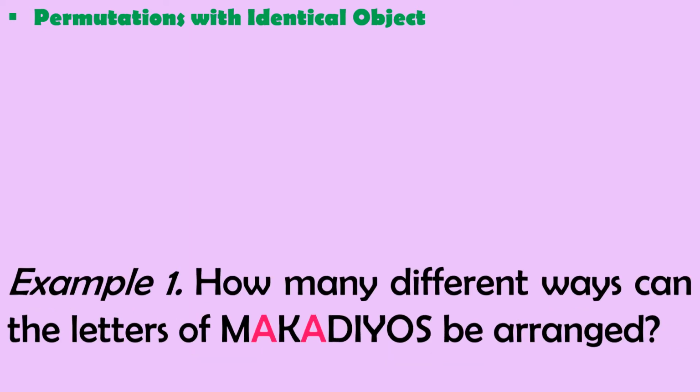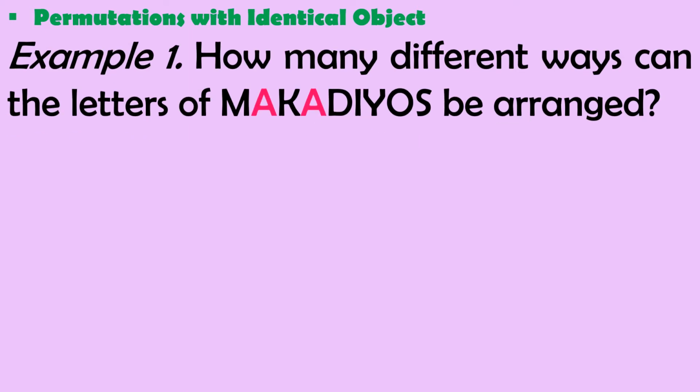Let us now have the problem solving about permutations with identical objects. Example number 1. How many different ways can the letters of Mankatos be arranged? So we can now use the formula of permutation is equal to n factorial over A factorial multiplied by B factorial multiplied by C factorial, and so on.